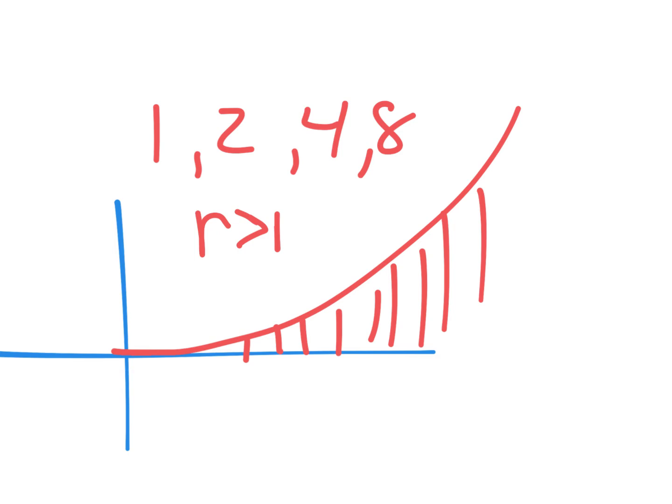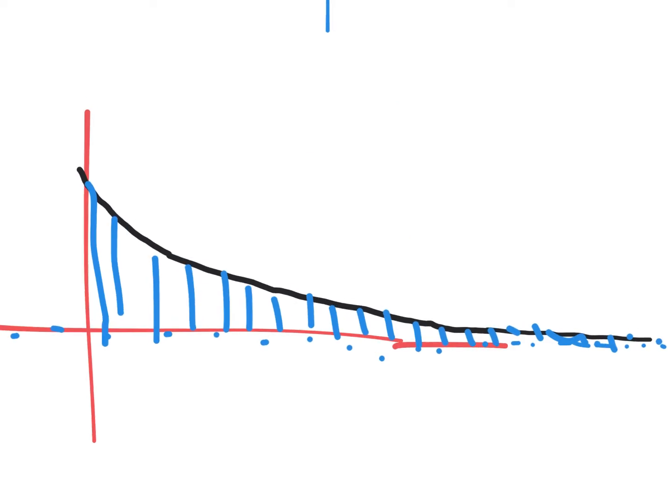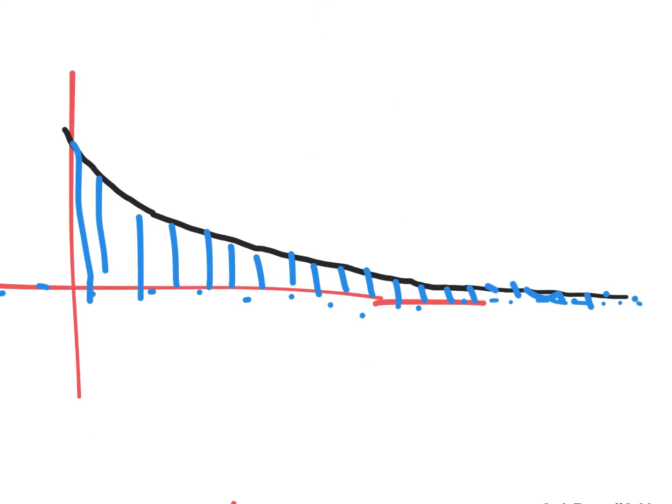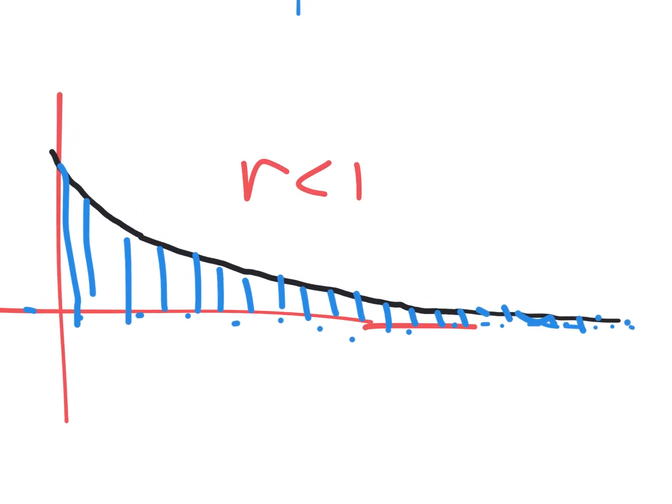You're multiplying by something bigger than 1. When it does this, you're multiplying by something less than 1 because it's getting smaller each time. R is less than 1. Then you have converging. And you can add them all up.